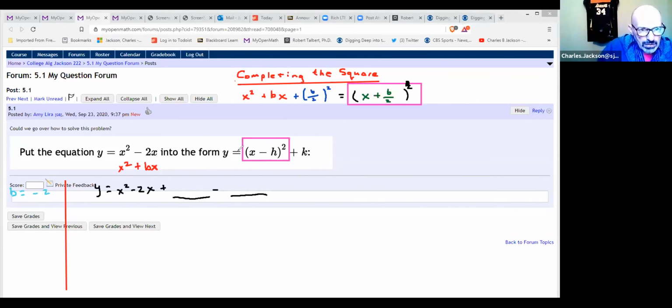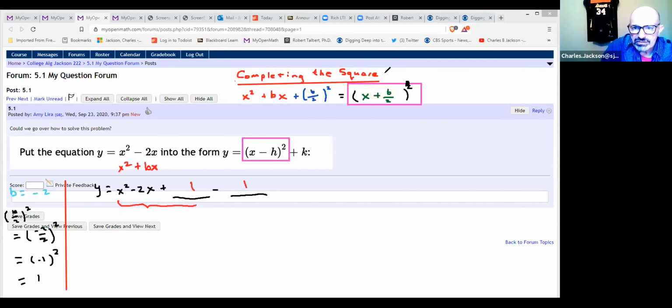So the square of b over 2 is the square of negative 2 over 2, which is the square of negative 1, which is 1. Okay. Put 1 and take 1. Now, we know how this thing factors.